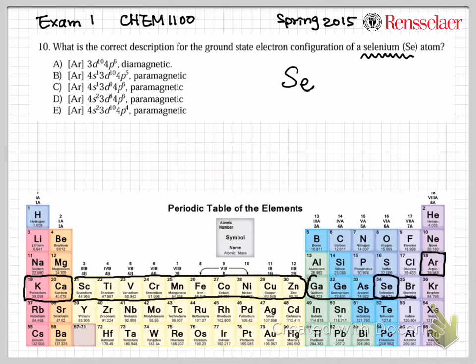So this is related to the p orbitals. Specifically, because this is argon and this is 1, 2, 3, 4, that's a 4s, and this is a 3d, and then you are going back to 4p.